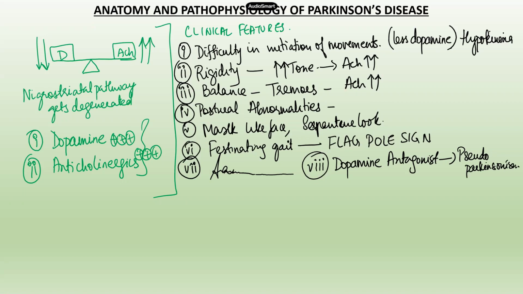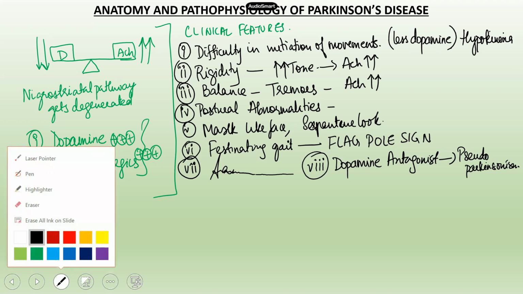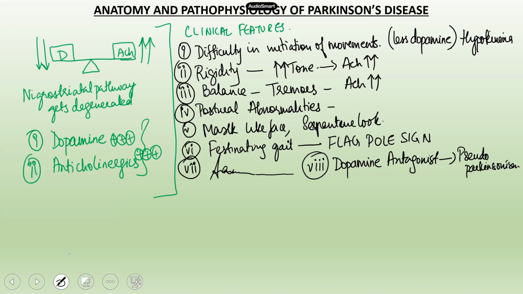Now, this is about the clinical features. Now, the Parkinsonism that we have studied is one of the motor programs that is hampered because of degeneration of the nigrostriatal pathway. Now, there are other motor programs also that are hampered because of different pathologies in different areas of the basal ganglia. Let us take a look at that. First is, you might have heard it in your medicine postings, chorea.